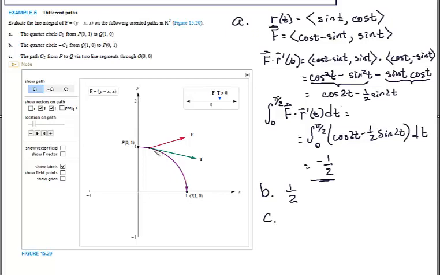In the c portion, we're supposed to go from p to q in this fashion here, and so I need my r1, and my r1 vector is going to be going from the p to the origin. It's just going to be 0 and then 1 minus t, where t is varying between 0 and 1.